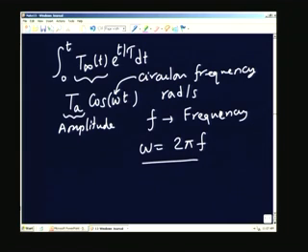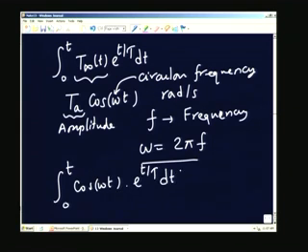So, let me just indicate how we are going to solve this problem, and I will leave the details to the student to work out. If you look at this integral, what I want is the integral of cos omega t multiplied by e to the power of t by tau, dt. Again I will integrate it by parts.